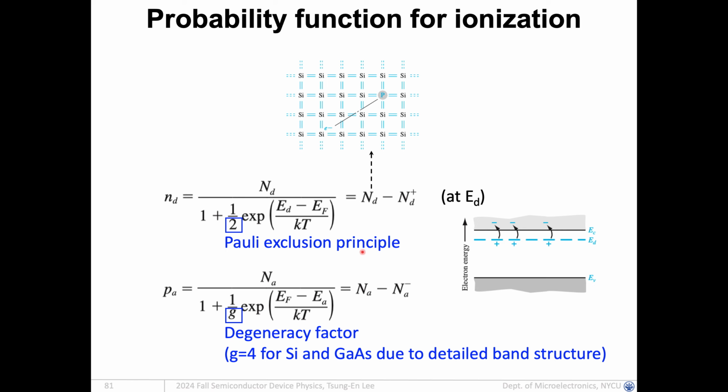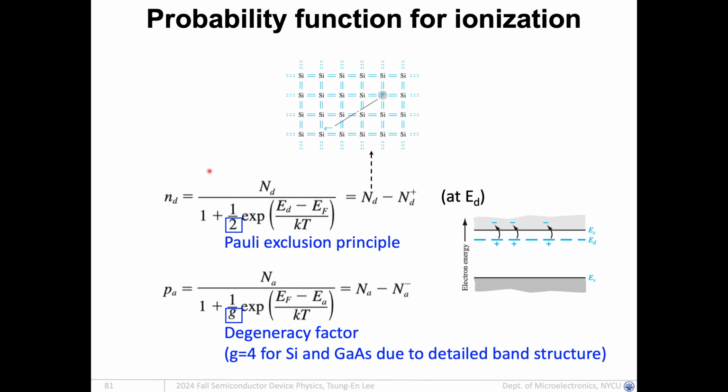The only difference is that it includes a degeneracy factor, which depends on whether it is for electrons or holes. For the electron in silicon, the degeneracy factor is 2, because of the Pauli exclusion principle. For holes, the degeneracy factor is around 4 for silicon and gallium arsenide due to their band structure, and we won't go through the details here.